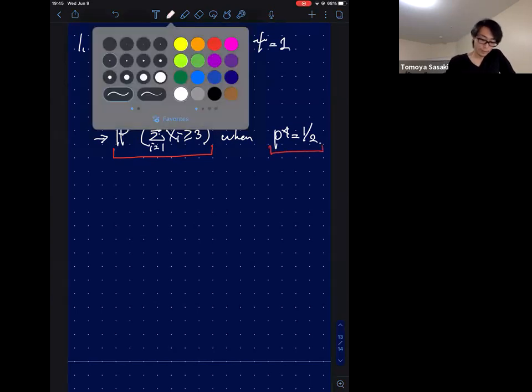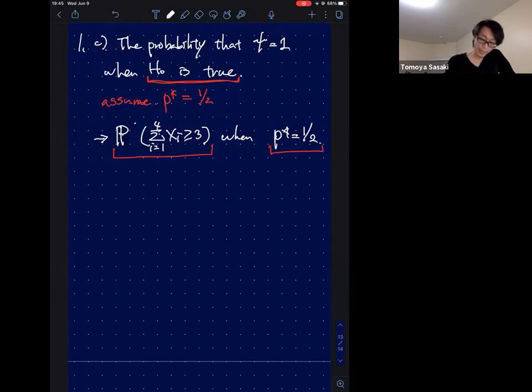I'm not going to go into the details of the math, but this is just computing the probability under a binomial distribution with probability 1/2.